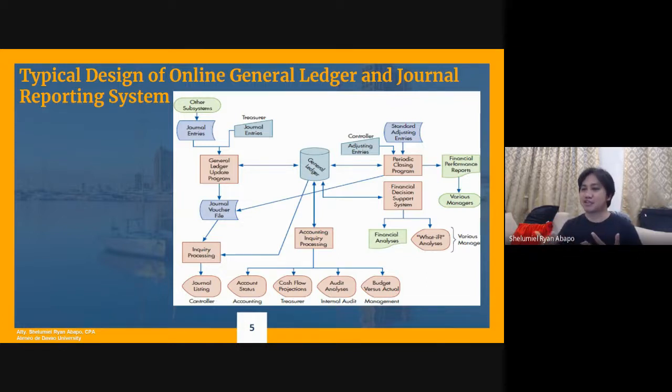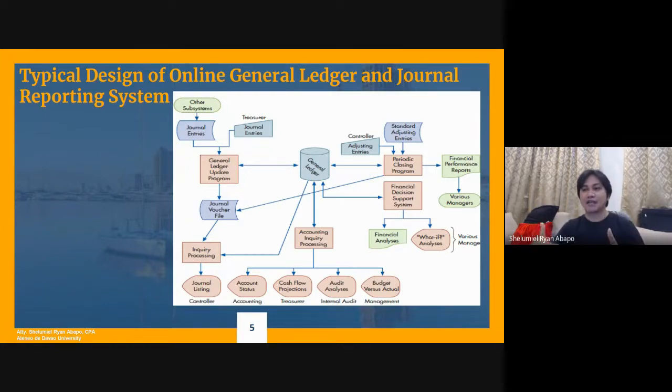And the general ledger database answers now to accounting inquiry. Say, for example, a user or a management would go now into the accounting system and would say, he wanted a report now covering the first half of 2021, January to June of 2021. So this particular inquiry now will result in a temporary or tentative report, which is not yet reconciled probably, but this particular report will anchor from the general ledger database.